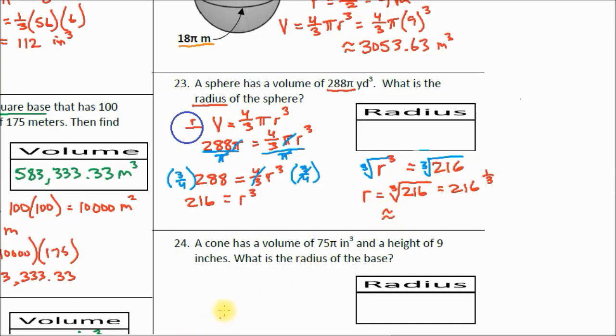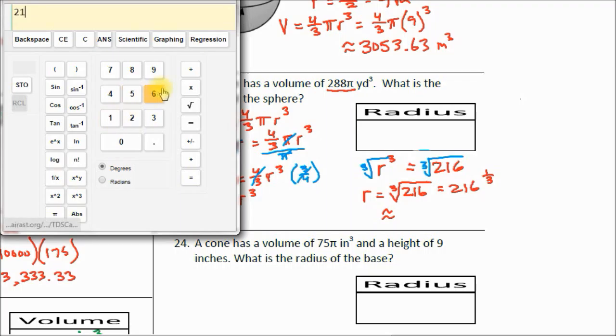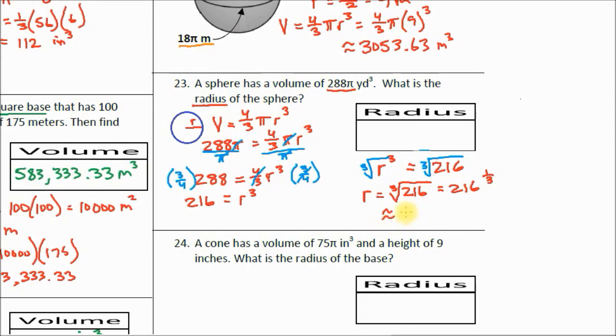I'm going to end up with 216 raised to, put this in parentheses, 1 divided by 3, and press equal, and you end up with exactly 6. So the radius happens to be 6. Our unit of measure is yards.